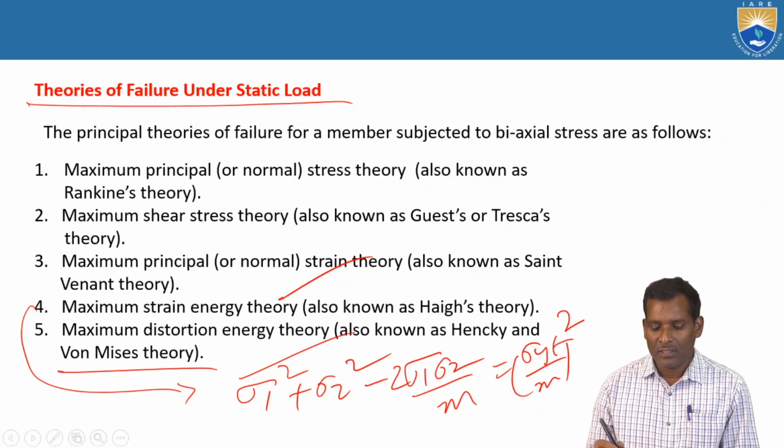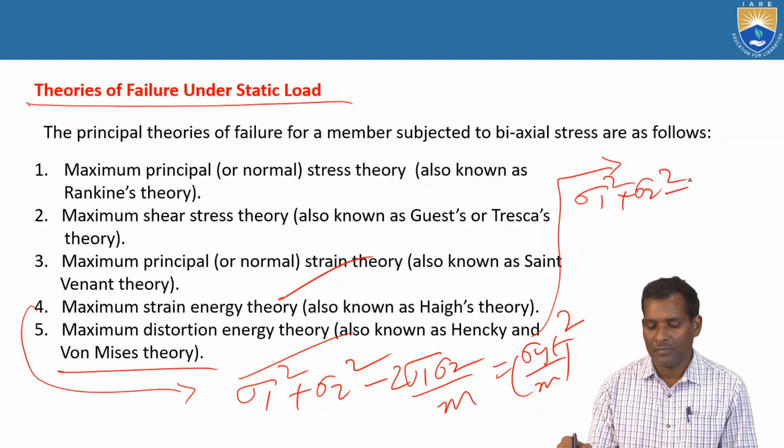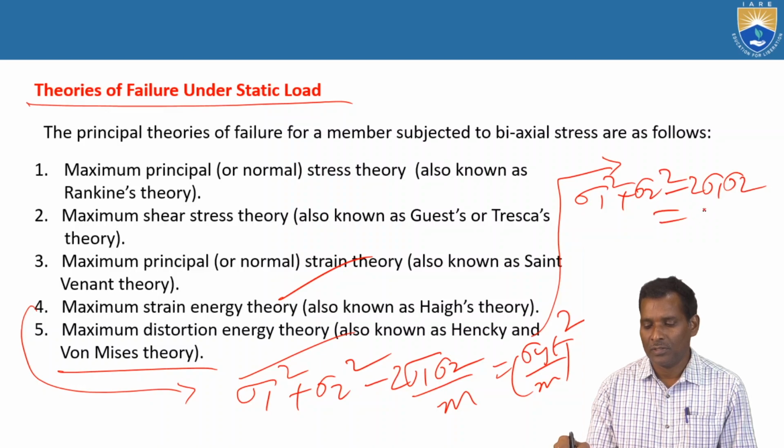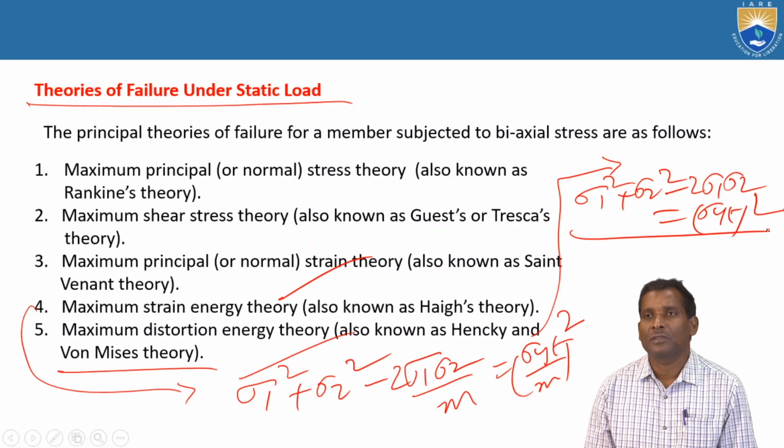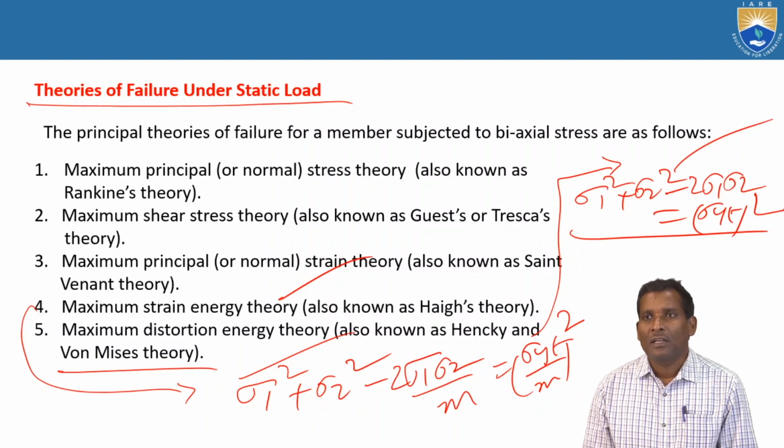Similarly, the distortion energy theory is the same as strain energy, but the only difference is there is no Poisson's ratio. Whenever the component is subjected to biaxial stresses, the equation is written like this. This is the equation for safe condition, safe design.